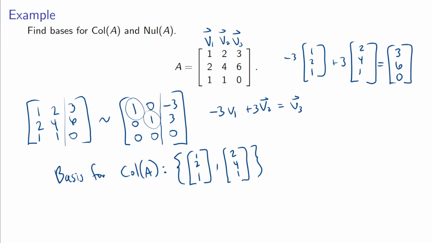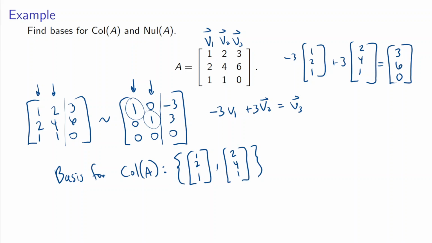And so the general strategy here is we can get the reduced row echelon form to identify the pivots and recognize, okay, we have pivots in the first two columns. Therefore, the first two vectors in the first two columns of the original matrix A will form a basis for the column space of A.